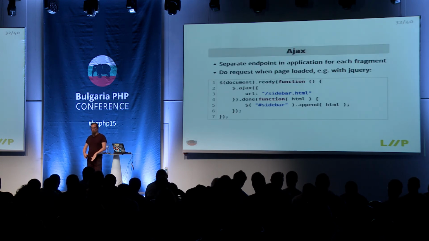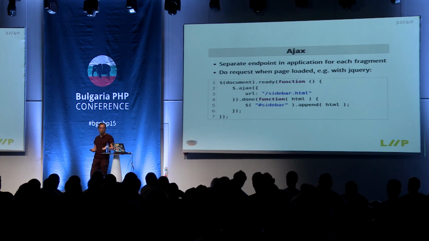So if these others are below the screen, the user will not even notice that he doesn't get them right away. So you would have some endpoint that can just serve HTML fragments to the client, and you have some JavaScript that loads that.